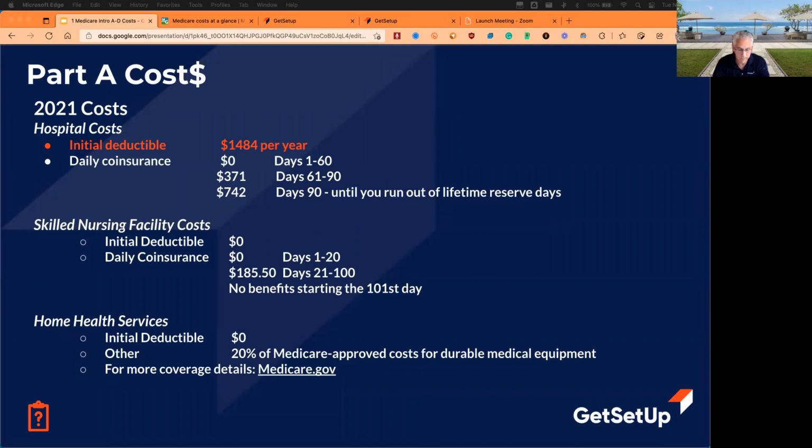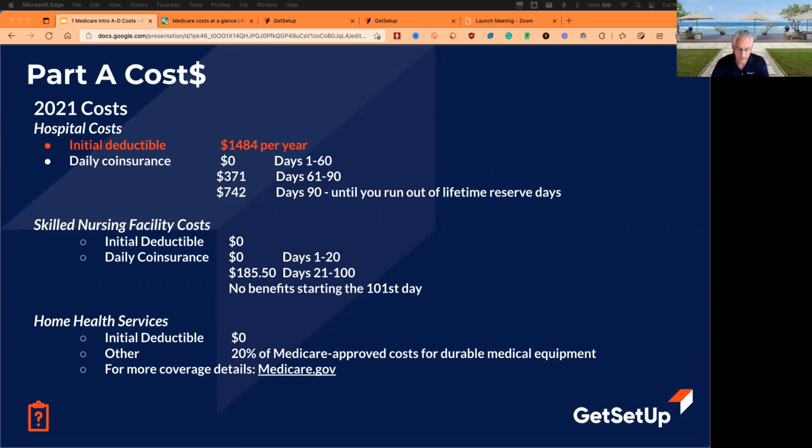If they discharge you from the hospital and you go to skilled nursing or a rehab center, they will pay the first 20 days, so there's no cost to you. Beyond the 20 days, there is a charge of $185.50, and that goes anywhere from 21 to 100 days.